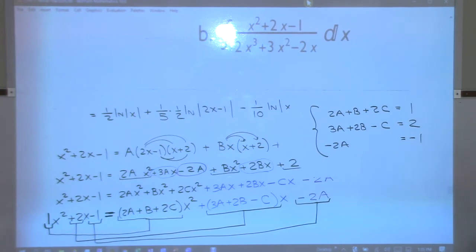Elimination. Matrices would be a really nice way to attack this. Really nice. Yeah, for this particular one though, we know what A is just by looking at this, right? We know what A is. So we could go and solve this.